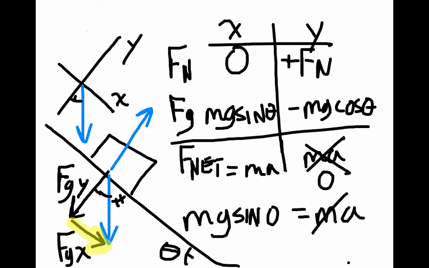I can divide that mass through and find out that the acceleration of this box going down the hill is just g sine theta. So when you have a tilted hill, the reason it accelerates is because there is a force of gravity pointing down the hill, and that force of gravity is equal to this mg sine theta, which causes masses to accelerate, so your acceleration is just g sine of theta.